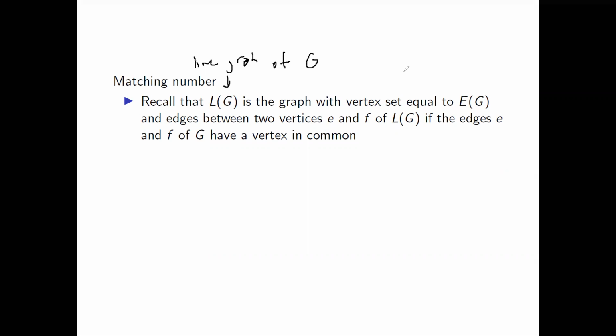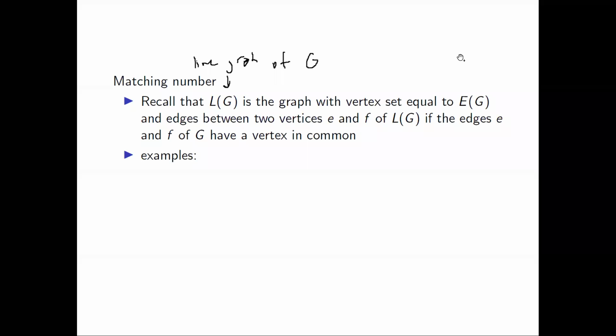This is the graph where the vertex set equals the edge set of G. And in this line graph, we put edges between 2 vertices, E and F, in our line graph, only if the edges E and F in G had a vertex in common. So that's just the definition of a line graph for any given graph G.